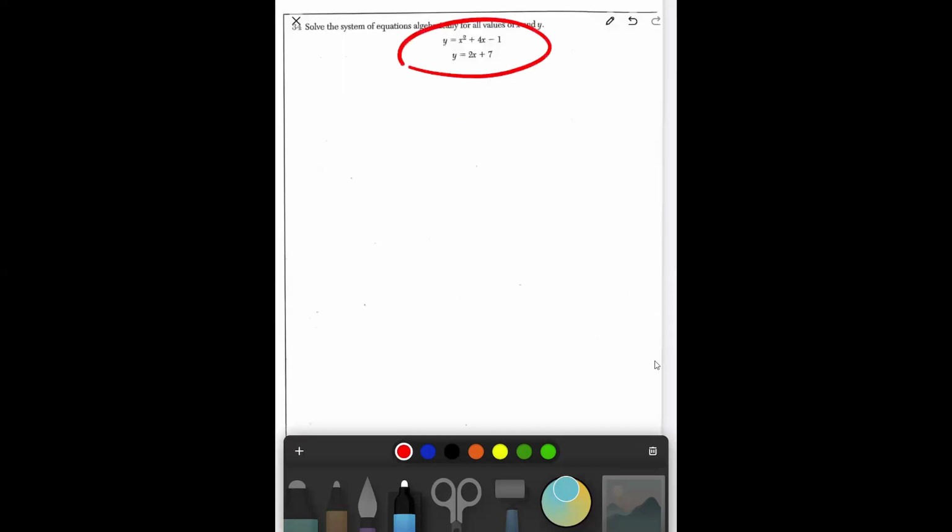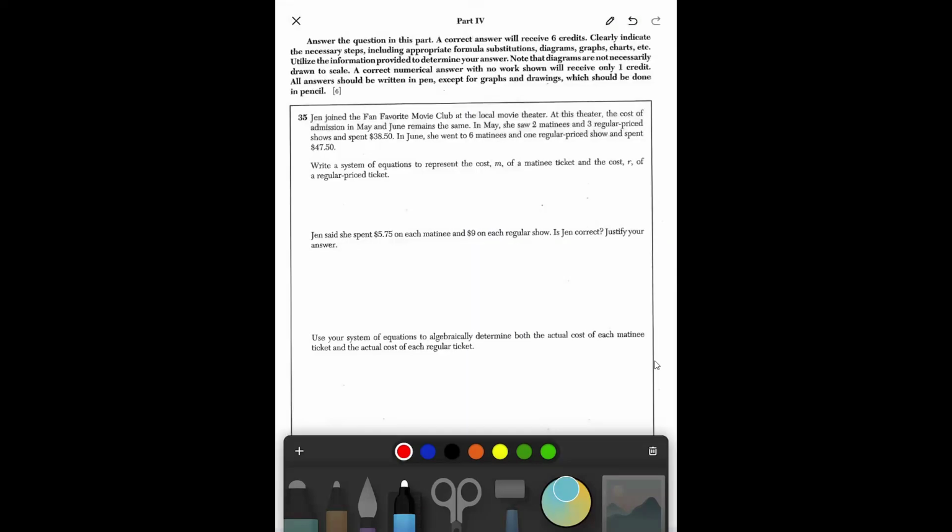All right, this one is a quadratic linear system. Definitely graphable to find the solution. Now, they want you to do it algebraically. So if you graph it, you're only going to get one point. But if you're in a pinch, get the point, you can graph it. This one, we have to come up with two linear equations. But once we come up with those equations, we can graph it.